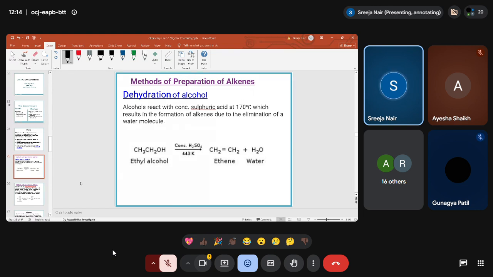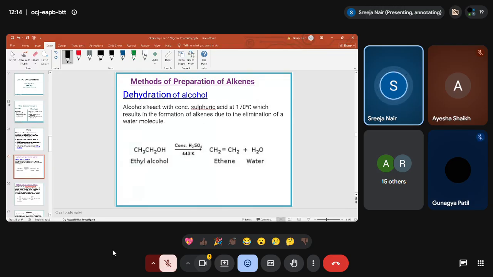I want you to note this down in your notebook. Method of preparation of alkene: the first method is dehydration of alcohol. From dehydration, you come to know that it is removal of water. Who helps to remove the water? The dehydrating agent helps to remove the water.